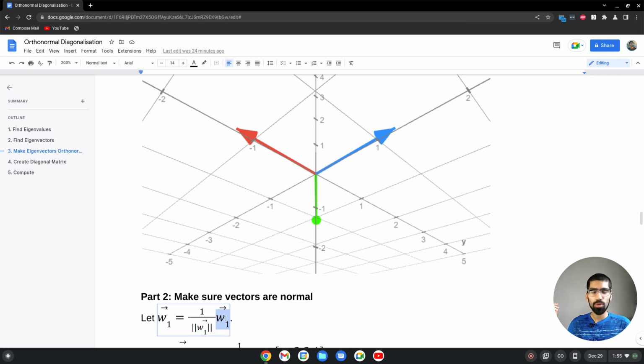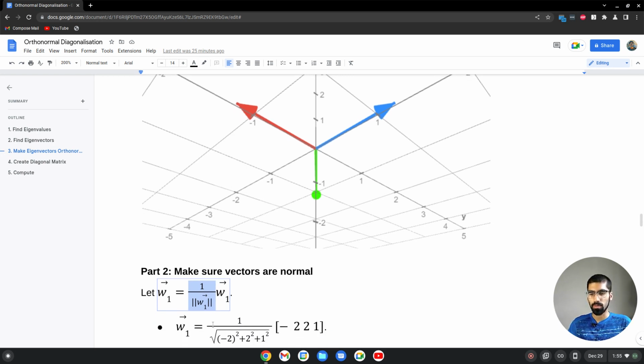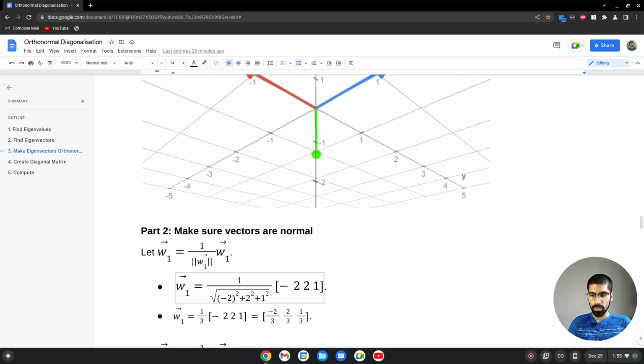With vectors, how big it is is not defined by one value, but multiple values. So that's why we have to divide by their magnitude, but it's the exact same idea. We're dividing a scalar by its magnitude to get it to be normal, 8 divided by 8 to 1, and the same idea with this vector, divided by its magnitude to get its magnitude to be 1. So we do that here, and we get this answer.